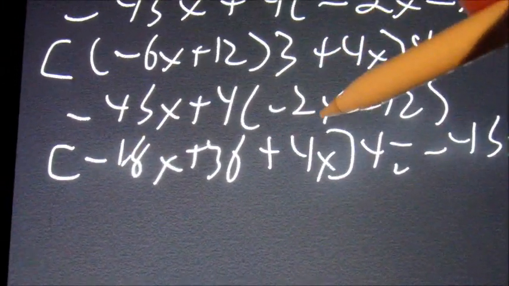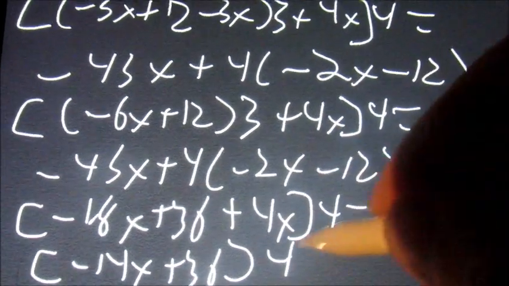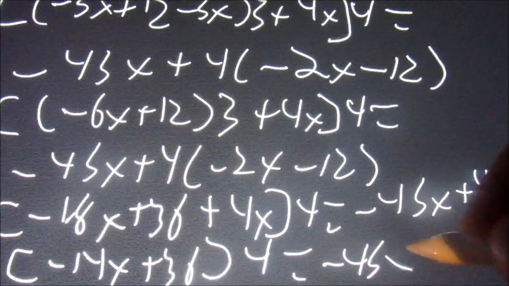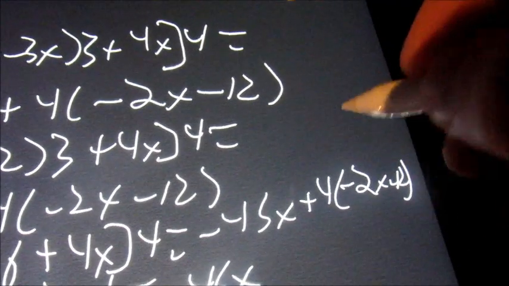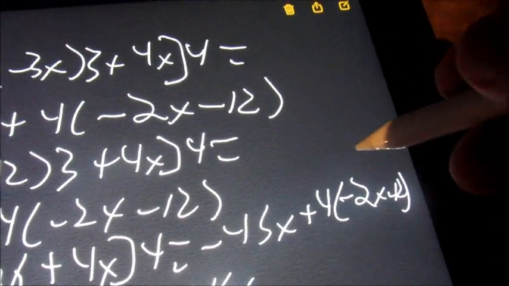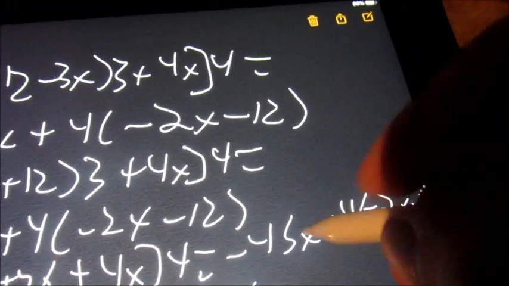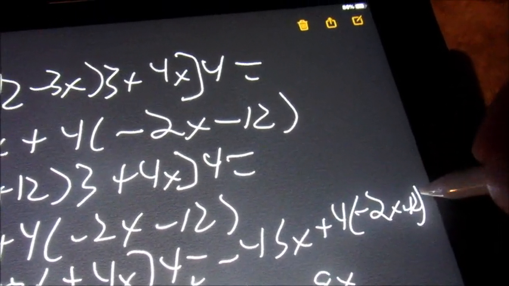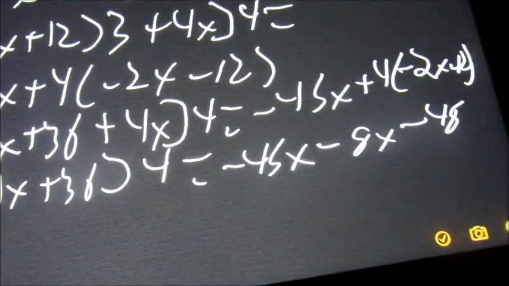I have a negative 18x plus 4x, so negative 14x plus 36 all times 4 equals negative 45x, and at this point I'm going to distribute the 4, so I'm going to have 4 times negative 2 is minus 8x, and 4 times a negative 12 is minus 48.